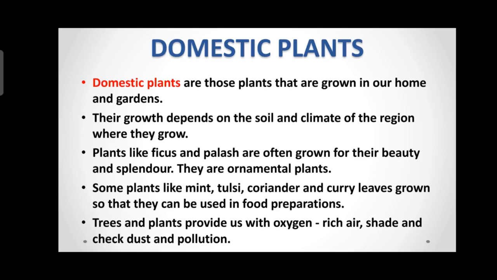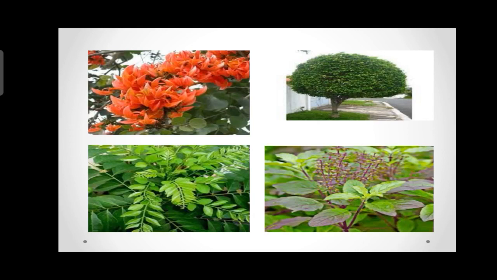Trees and plants provide us oxygen-rich air, shade, and they also check dust and pollution. The first two pictures are the ornamental plants, that is palash and ficus, and the third and fourth pictures are of curry leaves and tulsi, which are used in the preparation of food.